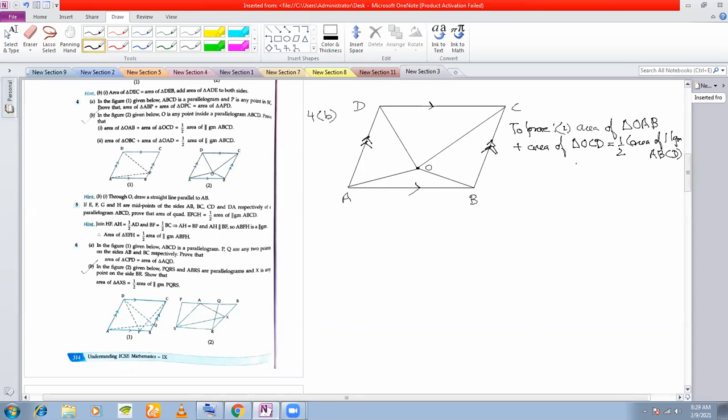This is the first one. Let's try the first one, then we'll move on to the second one. You need to show that area of triangle OAB. Let's identify this triangle. OAB is this triangle here, plus OCD.